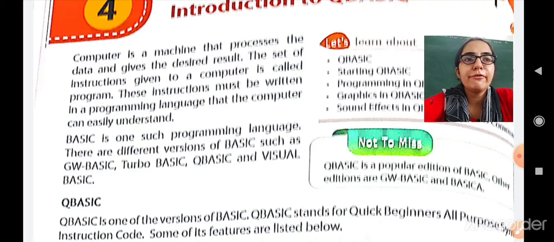There are different versions of the BASIC programming language such as GW Basic, Turbo Basic, QBasic and Visual Basic. In this chapter we are learning about one of the versions of the BASIC programming language, that is QBasic. The full form of QBasic is Quick Beginners All Purpose System.